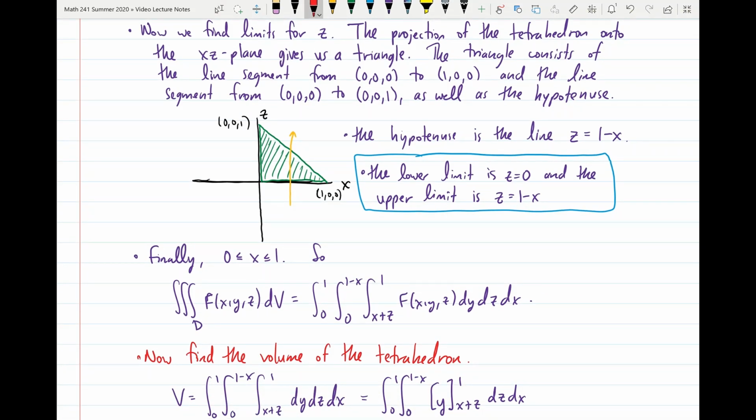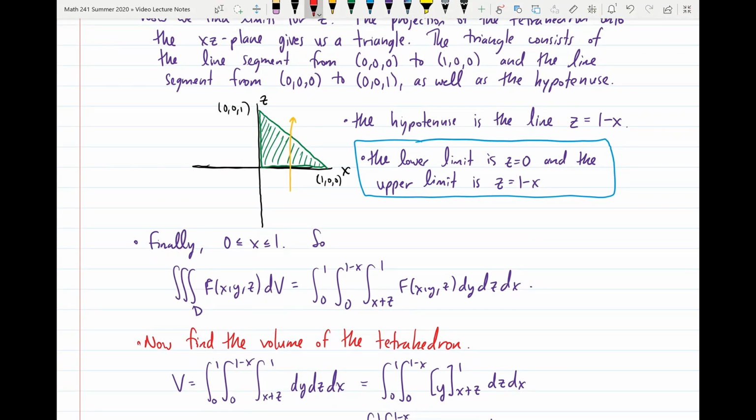And we want to find an equation for the line that represents the hypotenuse of this triangle, because if we take lines that are parallel to the z-axis that go up through our region, we know that those lines are going to enter the region along x equals 0, just along the x-axis, but they're always going to exit the region along that line that's connecting the point 0, 0, 1 and 1, 0, 0.